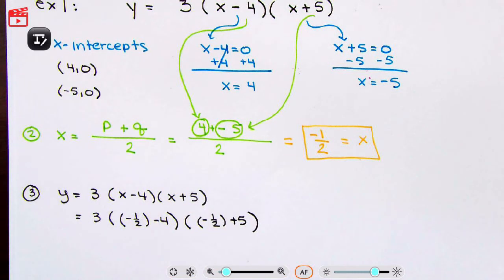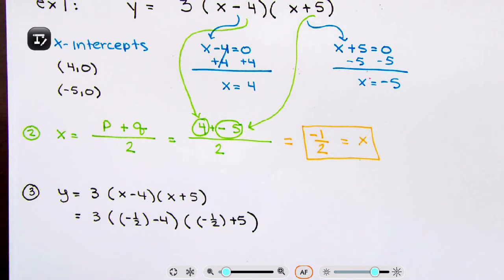Now using your calculator is okay. Just make sure that if it's a fraction, it stays a fraction. So I have negative 1/2 minus 4, and that gives us negative 4 1/2. This one here, I have a negative 1/2 plus 5, which gives me a positive 4 1/2.